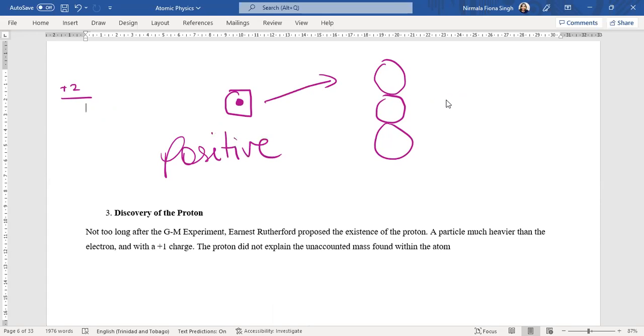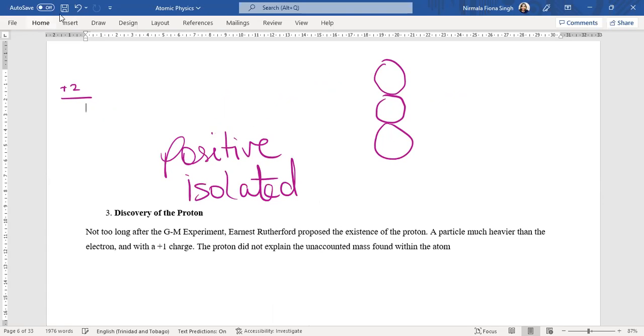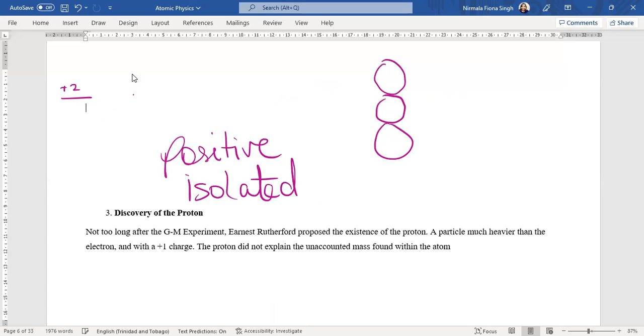And even more than that, an isolated positive charge. The only thing that will cause this little alpha particle to move away from its original path would be another positive charge, because anybody here knows what will happen if I bring two positive charges together?